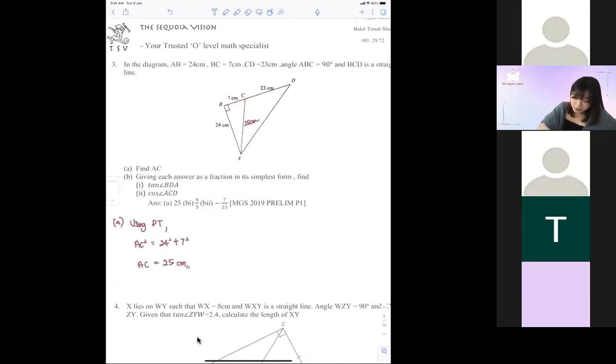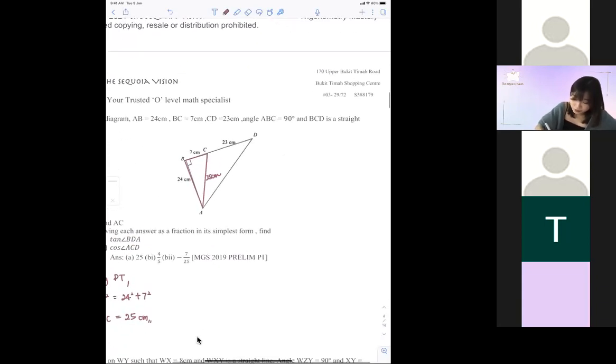Okay, again, now they ask you to find tangent of an angle. Whenever I ask you to find a trigo angle, you look for a right angle triangle, which is this. Okay, let me mark it out first. Every time I ask you for tangent, sine, or cosine of an angle, you look for a right angle triangle and then you spot the angle, BDA.